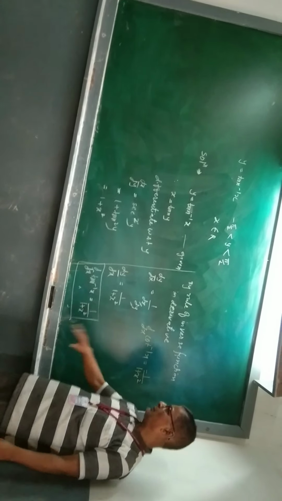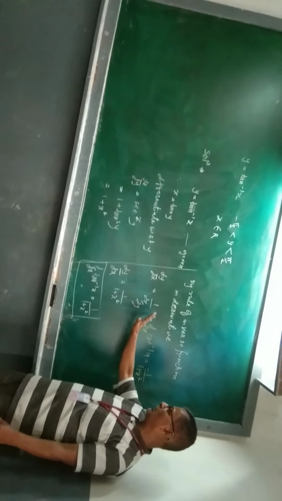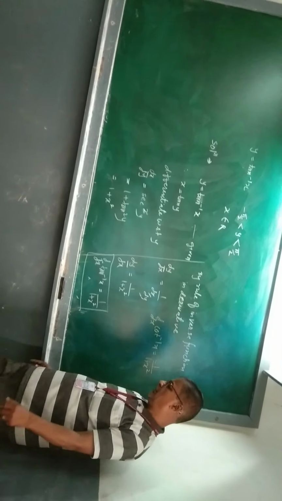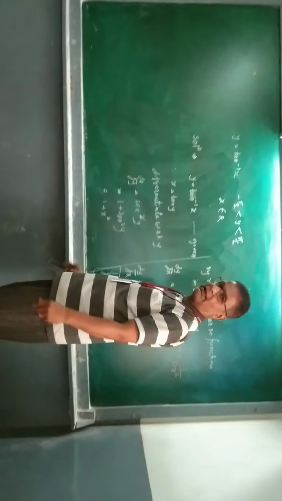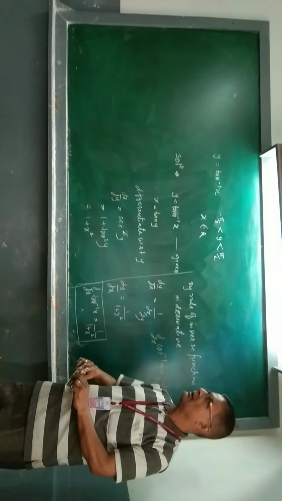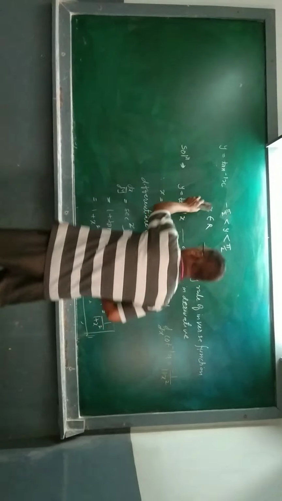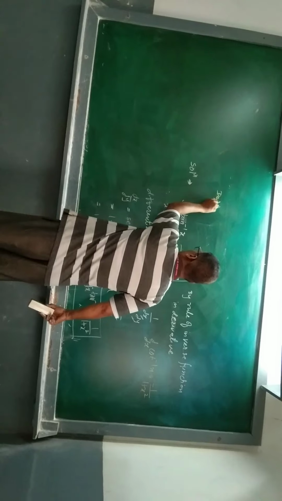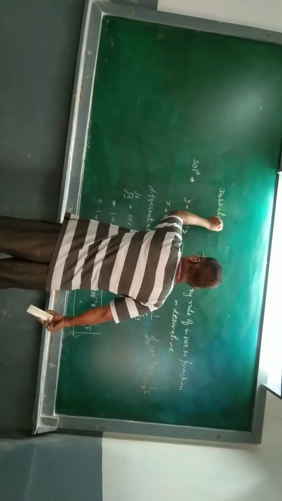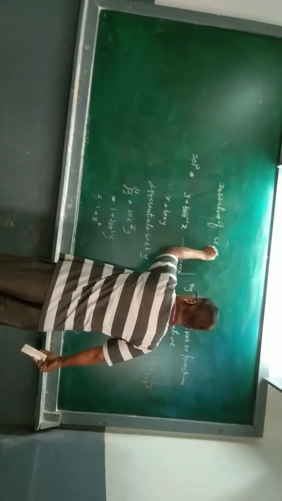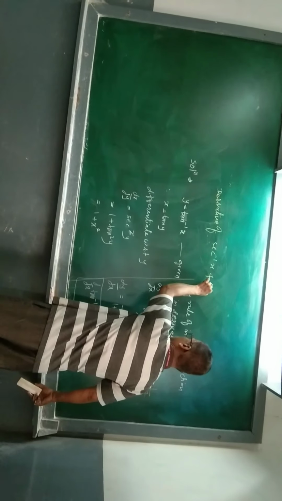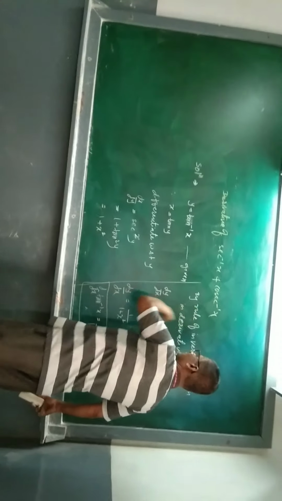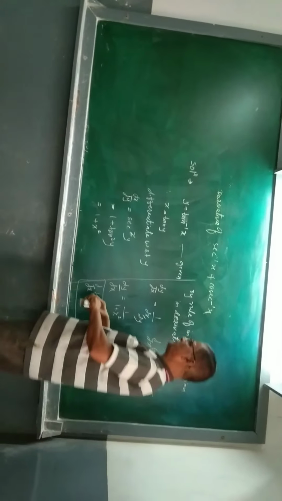In this way we have to study the derivatives of tan and cot. Now we have to study the next one, sec inverse of x. Here, to find the derivative of sec inverse of x and cosec inverse of x, we will substitute y is equal to sec inverse of x.